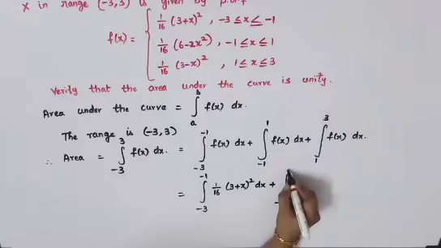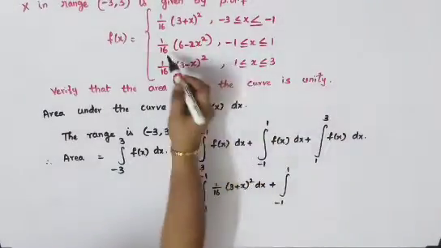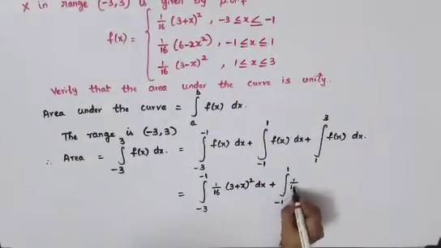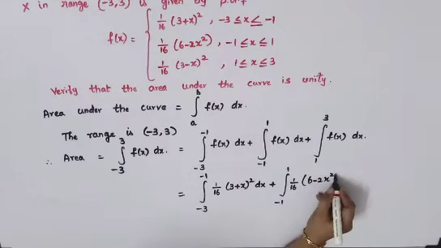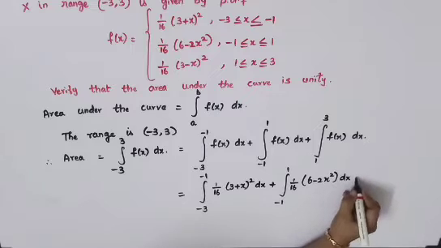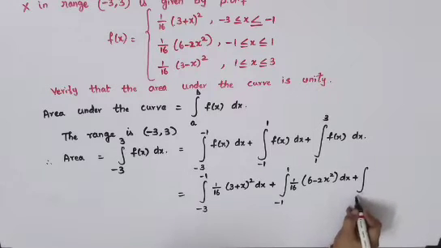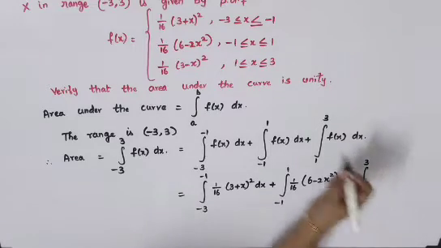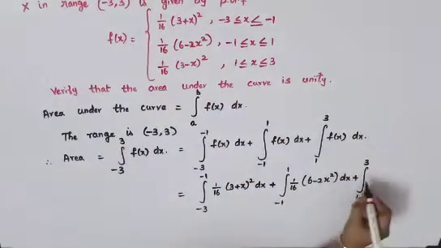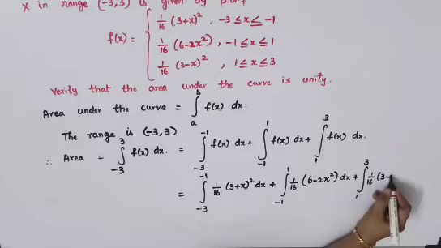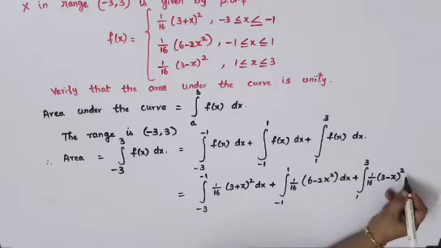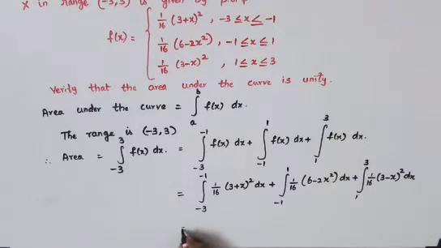is -1 to 1. So in that range, see your function. It is 1 by 16 into (6 minus 2x square) into dx. The third one is integral 1 to 3. So see the function in that range, you will get it as 1 by 16 into (3 minus x) the whole square into dx, equal to, just remove the constant out.